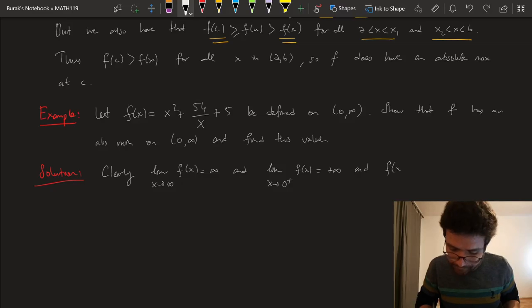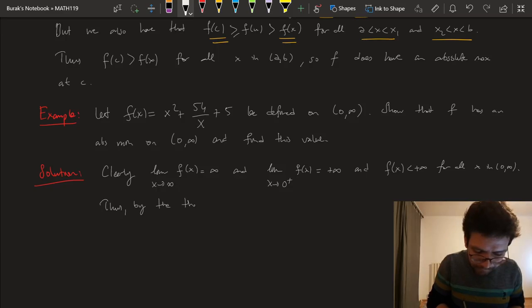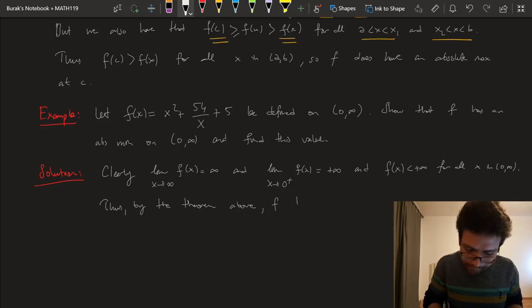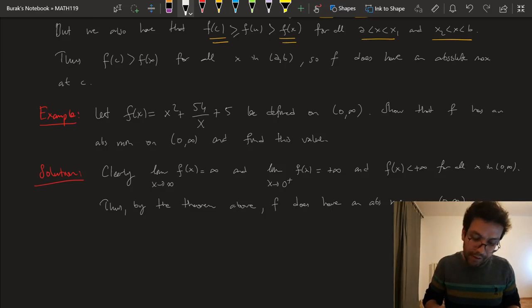And the value of this function is less than infinity for all x. Thus, by the theorem above, f does have an absolute minimum on the interval 0 to infinity.